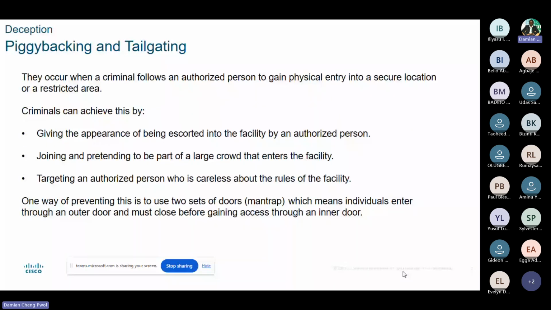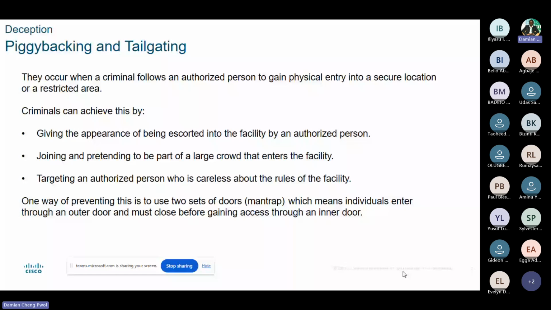Piggybacking and tailgating occur when a criminal follows an authorized person to gain physical entry into a secure location or restricted area. Criminals can achieve this by giving the appearance of being escorted into the facility by an authorized person, or by joining and pretending to be part of a large crowd that enters the facility.